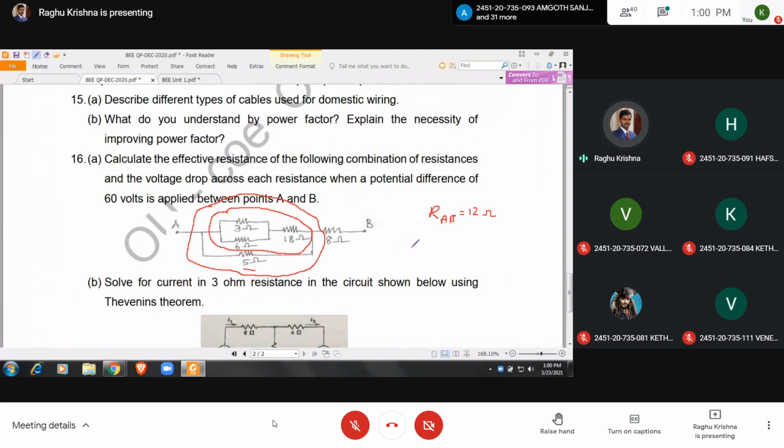So RAB is very simple, you can easily find out. So if you want to find the voltage across each resistor, you have to use this logic.